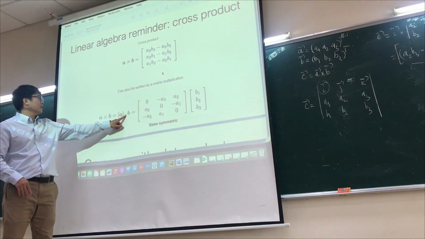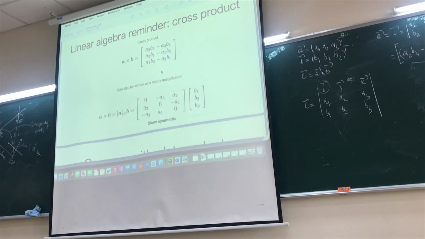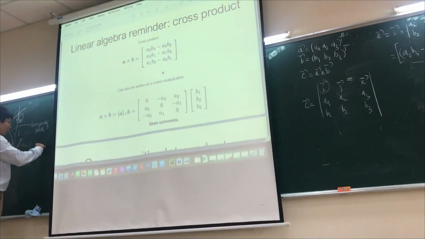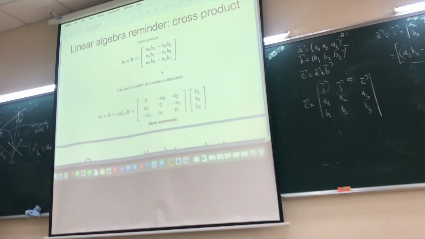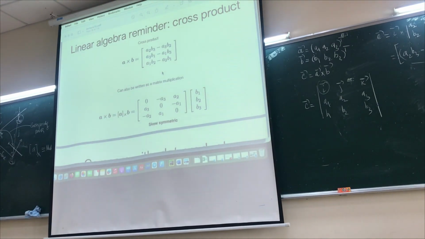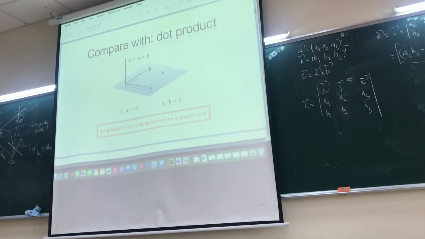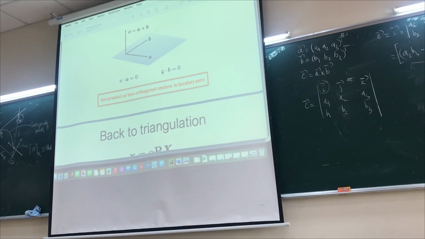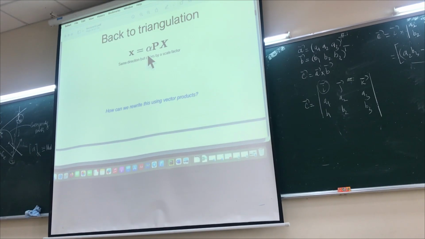Sometimes people ask, is that an operator? No, that is just the matrix, because they want to transform the product by using matrix multiplication. Now you have this relation. Now back to triangulation. You have this equation only.